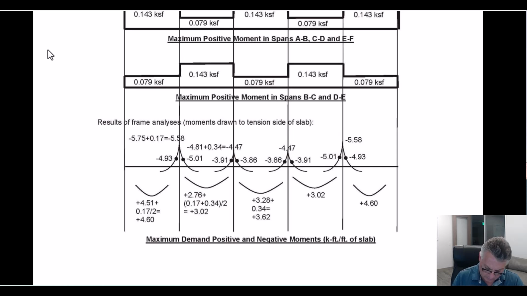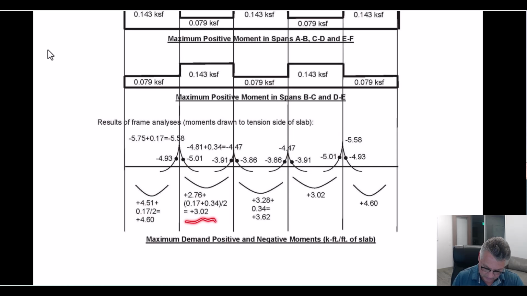But in the positive moment range, we calculate factored dead plus live load as being 4.51. We must add the portion of the secondary moment, which is 0.17. It was 0.17 right here. So divided by 2 for the midspan, we're going to have to design for 4.6 foot kips per foot at the end base.